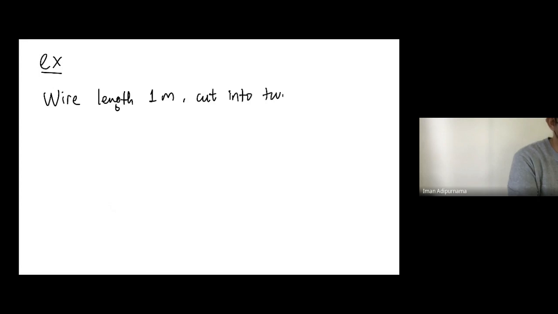So let's say we have a wire with a length of 1 meter. It's cut into two pieces. Each piece encloses a square.